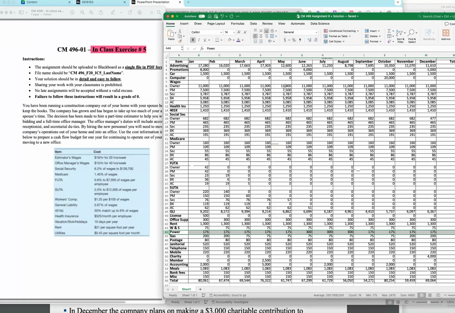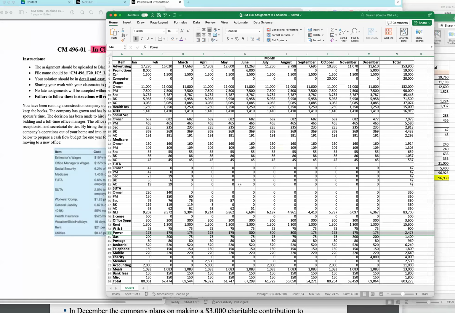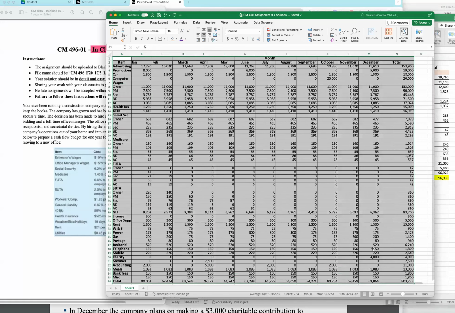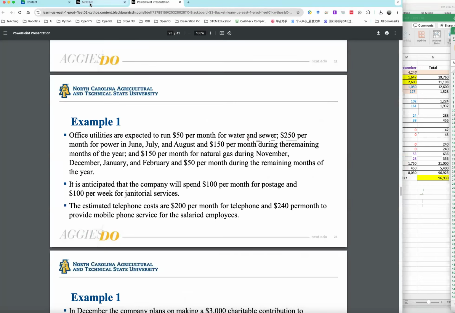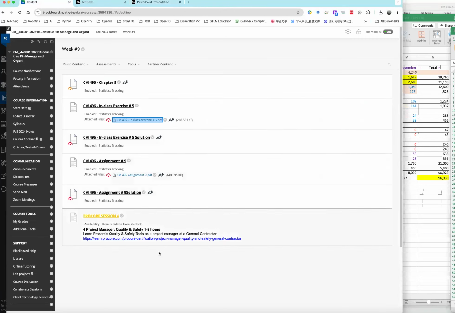And again, this is an example for the calculations for the assignments, which will be very similar. Okay, the solution is all on Blackboard. I just want you to get more practice with it. So that's all.